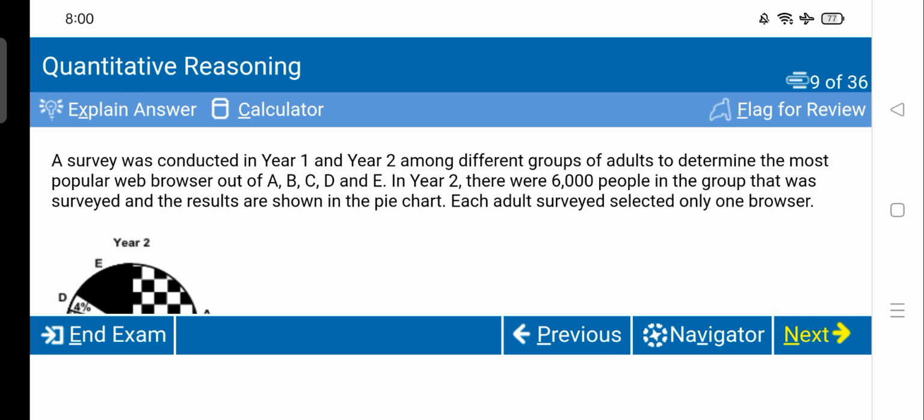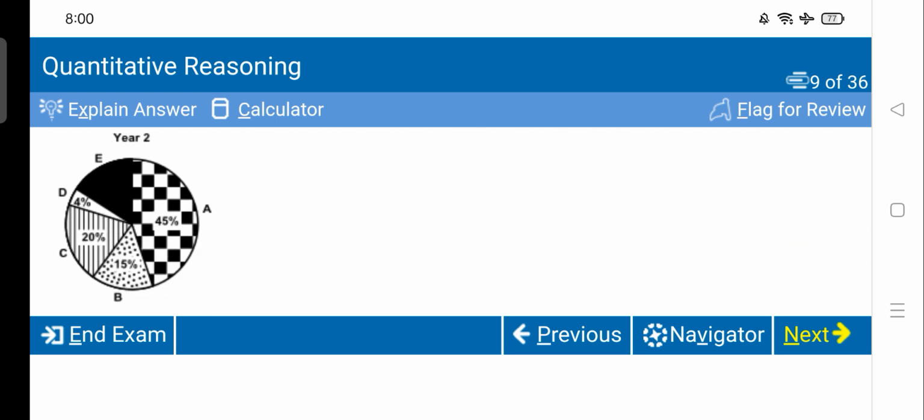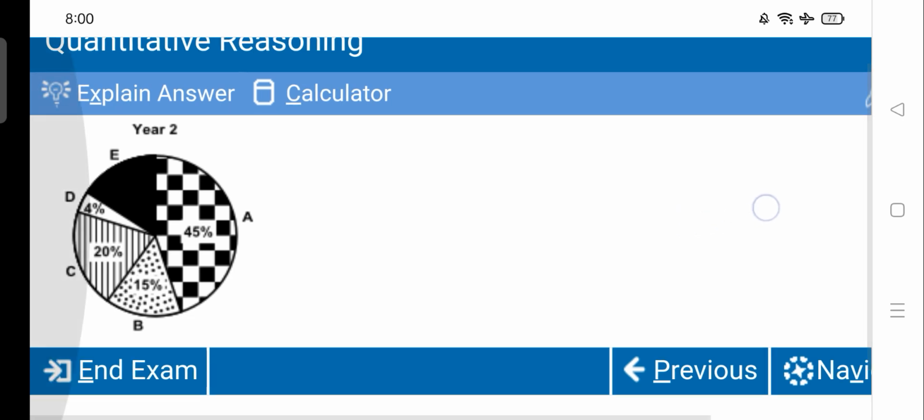Each adult surveyed selected only one browser. So here we have this A, B, C, D, E in year 2.